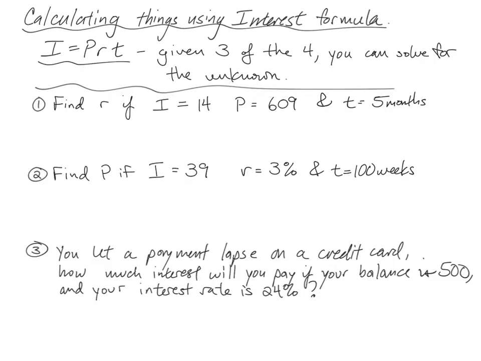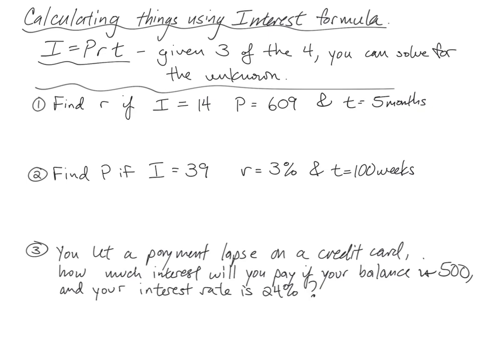Calculating things using the interest formula. So here you'll see we just have the short formula from the last slide, I equals PRT. So given 3 of the 4 values for this formula, you can solve for the unknown. So what I like to do, starting with example 1, you can see we're trying to find an interest rate.